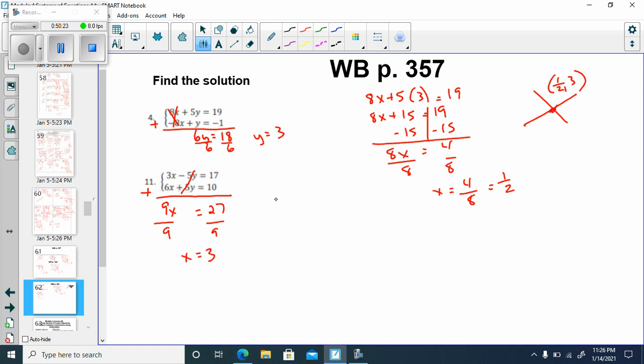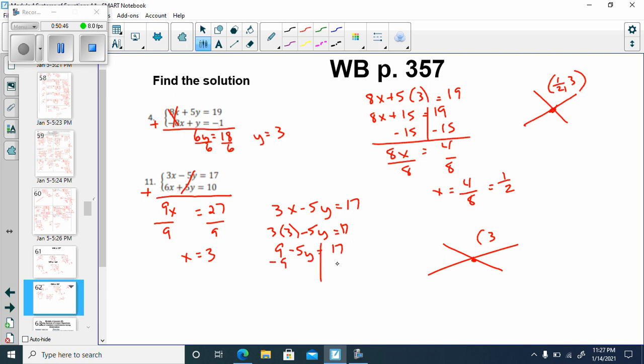If x is 3, let's find our y. 3x minus 5y equals 17. And so we've got our x is 3. 3 times 3 minus 5y is 17. 3 times 3 is 9 minus 5y is 17. Let's subtract 9 from both sides. Negative 5y is equal to, let's see, 17 minus 9. 8.